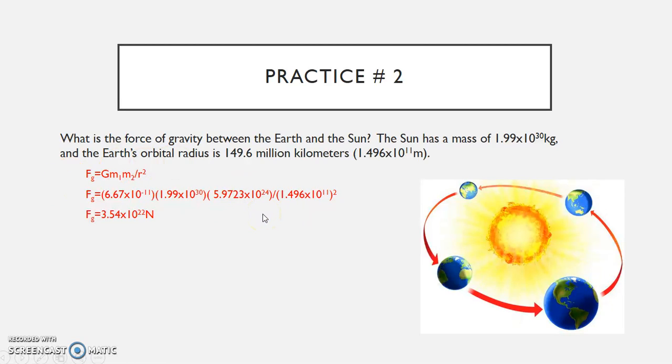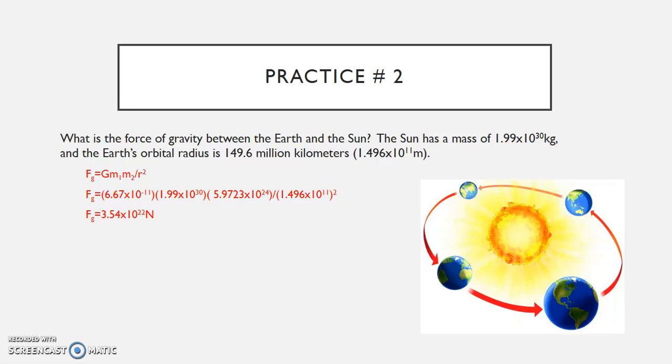Here is practice problem number 2. It states, what is the force of gravity between the Earth and the Sun? So the Sun has a mass of 1.99 times 10 to the 30th kilograms, and the Earth's orbit radius is 149.6 million kilometers. So if you have that written in scientific notation, it would be 1.496 times 10 to the 11th meters.